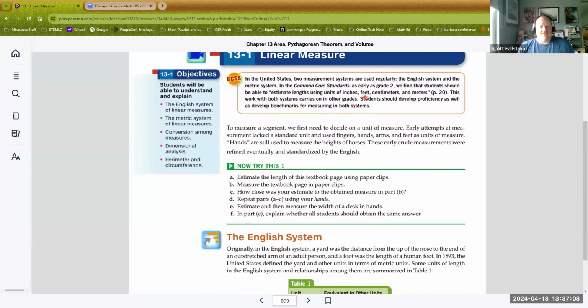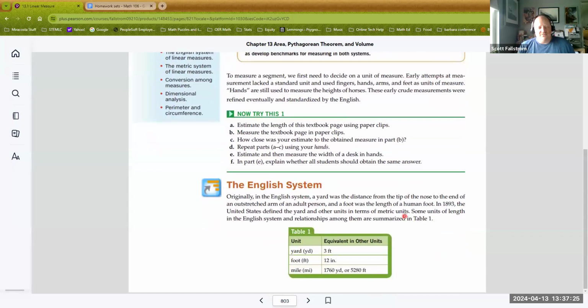So as we take a look at the linear measure, there are two common systems. The English system, often referred to as SAE, Standard American English, and the metric system. The metric system is a little bit easier to use, as we might be able to see in class. Here are the conversion factors that I need you to know. So I'm going to put a little check mark next to them. Yes. 1 yard is 3 feet. You need to know it. 1 foot is 12 inches.